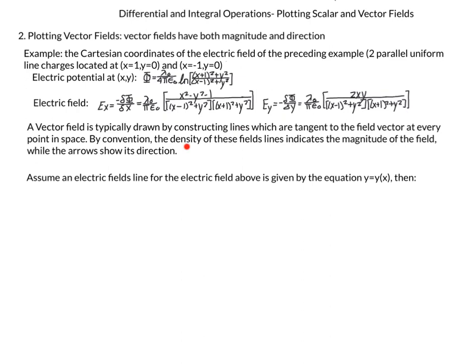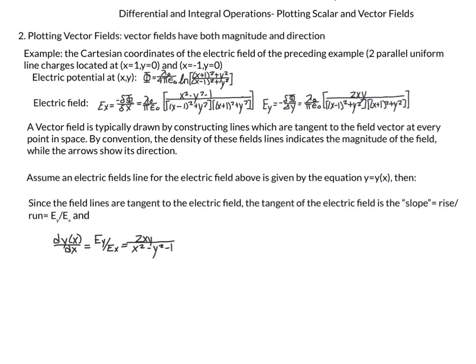We have this comment that we're going to be constructing lines which are tangent to the field to portray the vector field. And we're going to assume the electric field lines for the electric field above are given by the equation y, which is a function of x. Since the field lines are tangent to the electric field, the tangent of the electric field is the slope, or rise over run.